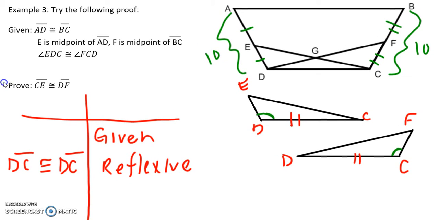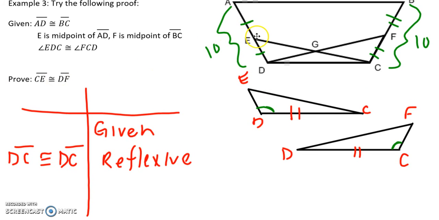So you should be able to line up segment addition showing AE plus ED equals AD, and BF plus FC equals BC. So go ahead and do that.